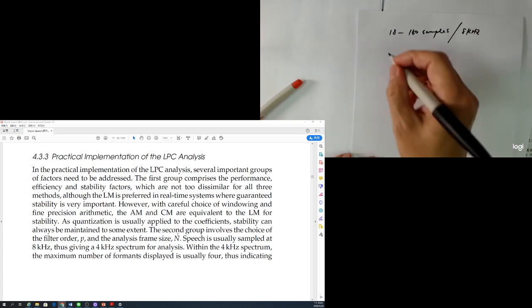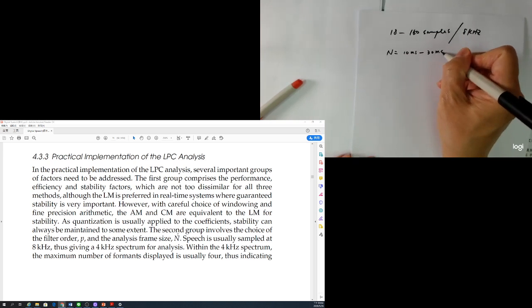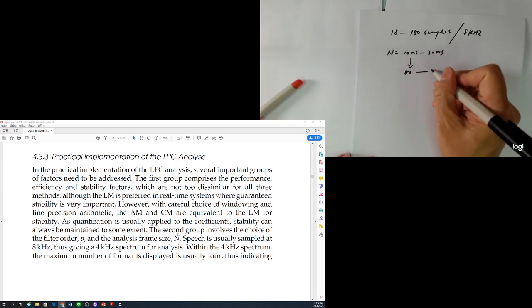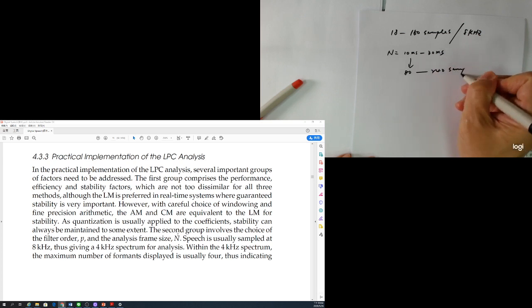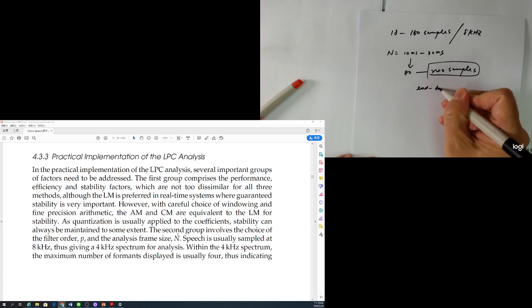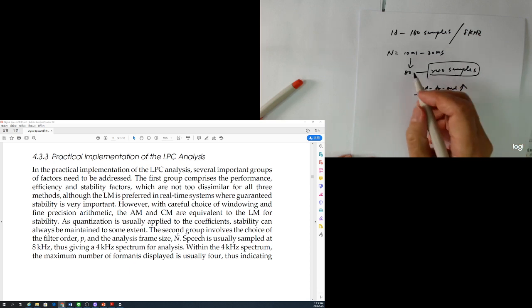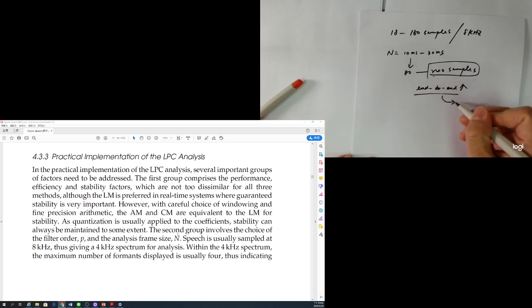So for our speech frame N, most popular is 10 millisecond to 30 millisecond. This is 80 samples to 240 samples. Because if your frame is bigger, your end-to-end delay will increase. So low delay will be considered. Sometimes we prefer N to become smaller, but when N is smaller, your compression ratio cannot do a good job.